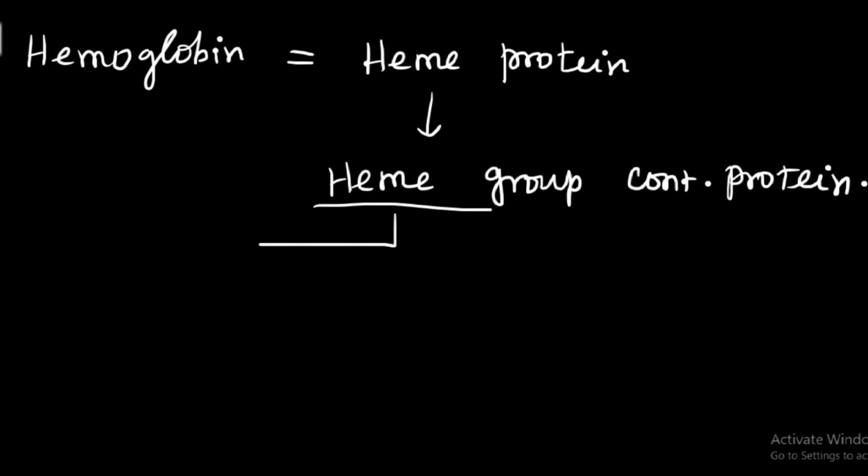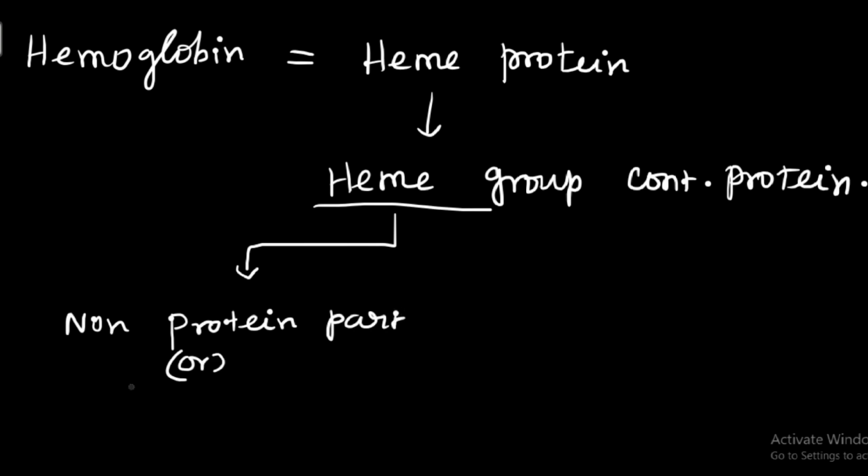This heme group can be otherwise called the non-protein part, or the other name is prosthetic group. This non-protein part or prosthetic group can be present not only in hemoglobin, but in any protein containing enzymes or other important biological macromolecules.